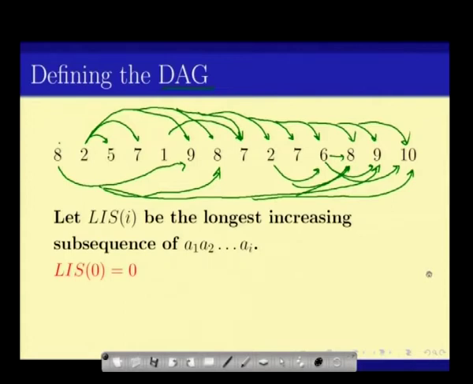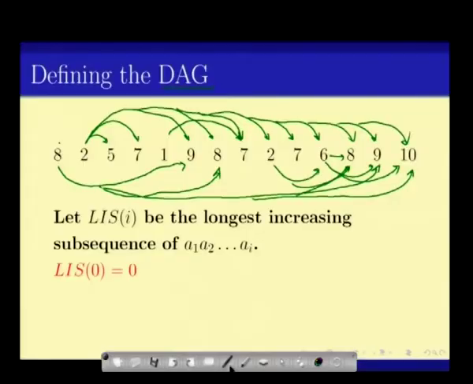And here is the interesting part. What happens if I consider the longest increasing subsequence at i, say in this case 7, the seventh number. This has edges coming from all the things which are smaller than itself, and it has an edge from 2.